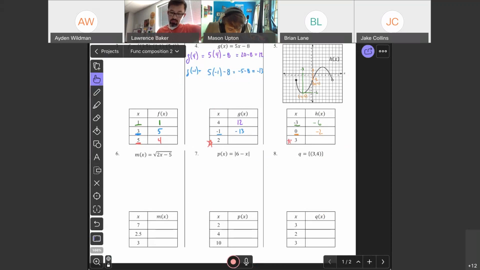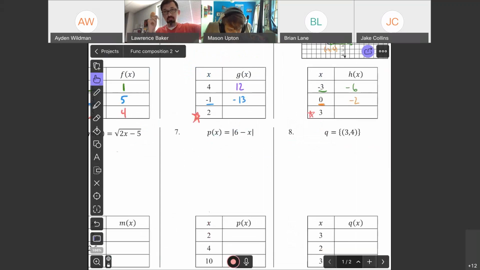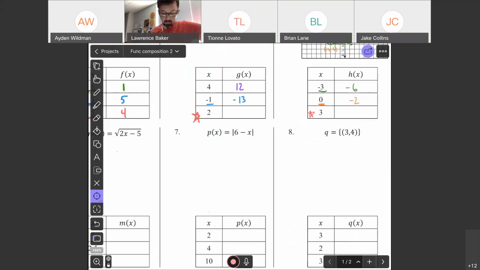Can you read 7 for me? Number 7, just read it. Okay. P of x equals 6 minus x. Okay. What are these things here? Does anybody recognize those?